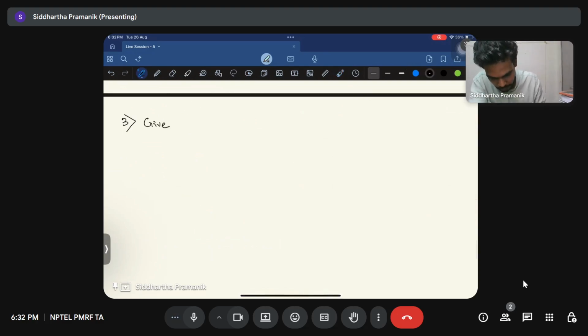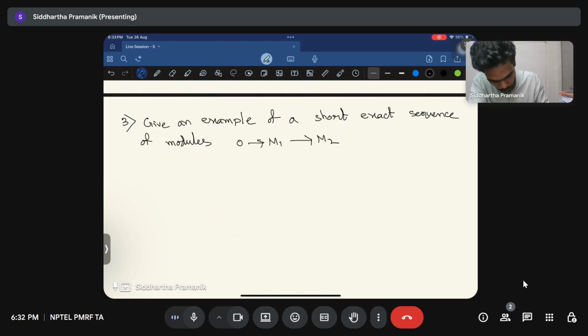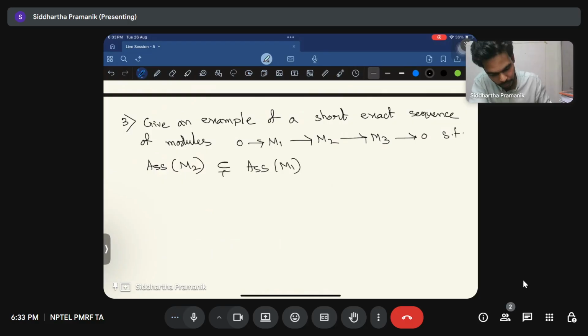Give an example of a short exact sequence of modules, let's say 0 to M1 to M2 to M3 to 0, such that the associated primes of the middle one is a proper subset of the associated primes of M1 union the associated primes of M3.